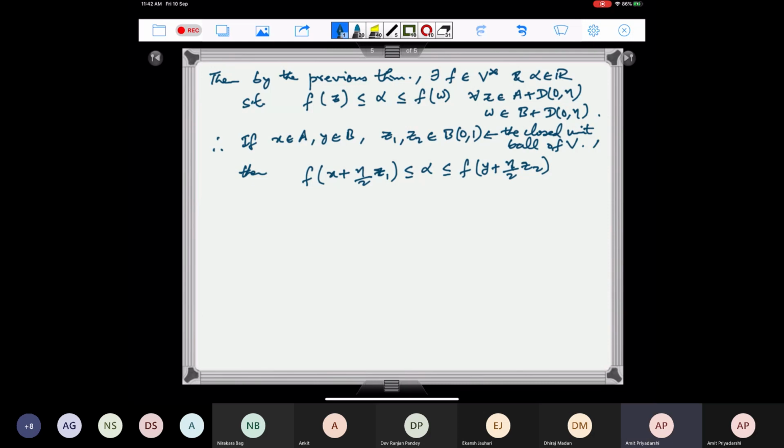So from here, what can we say? That is, f x plus eta by 2 f of z1 is less than or equal to alpha is less than or equal to f y plus eta by 2 f of z2.